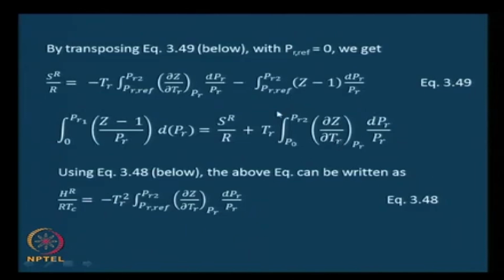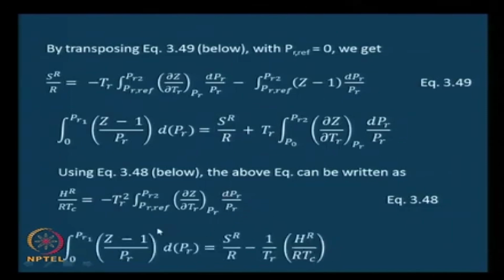Therefore, this integral here can be written as minus 1 by TR into HR by RTC, since here this is TR squared and here you have a TR. And therefore the fugacity coefficient estimation, the integral from 0 to PR1 of (Z minus 1) by PR dPR, becomes SR by R minus 1 by TR HR by RTC.